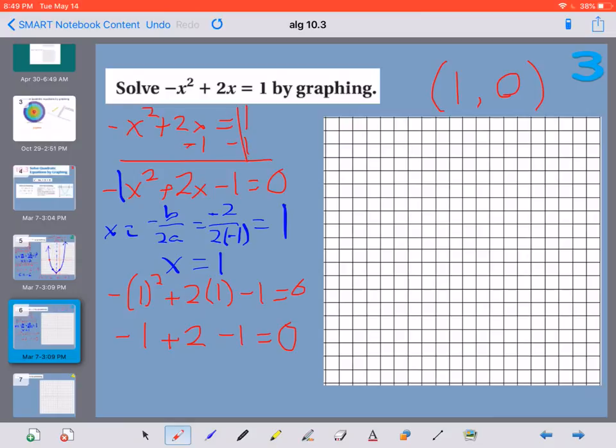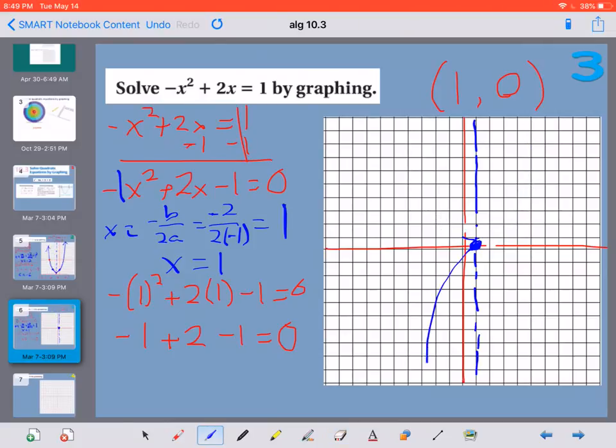So then if I draw my graph here, I know I have an axis of symmetry at x equals 1, and I have my vertex at 1, 0. Oh, actually, sorry, this is going to go down because my a is negative.